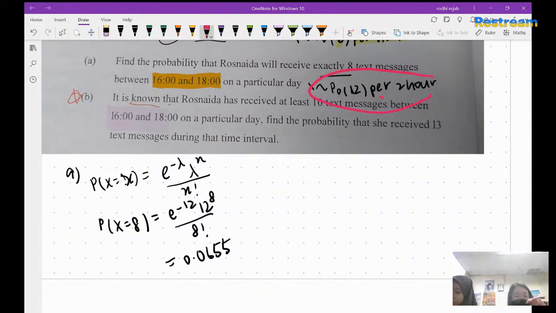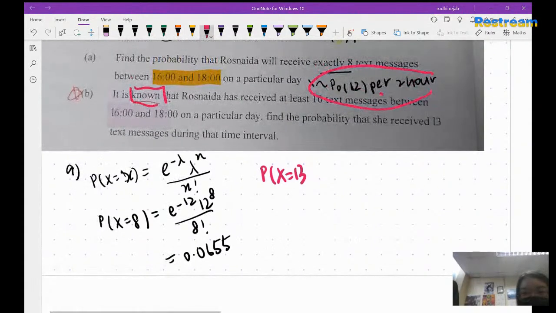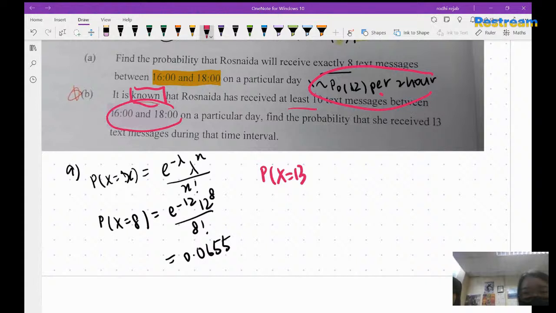Yang ini, okay. So, tapi sini dia cakap probability that she received 13 messages. So P(X = 13). Tapi sini kami nampak it is known that. So dia ada condition. Dia cakap dia receive at least 10 messages at this time. This one is the condition lah. And then baru dia receive 13 messages during this interval.